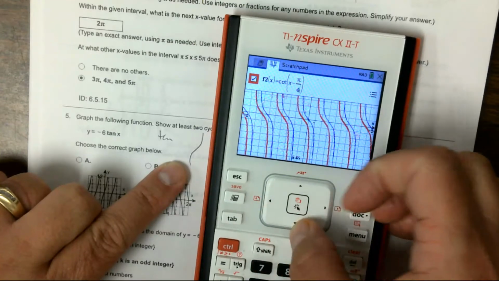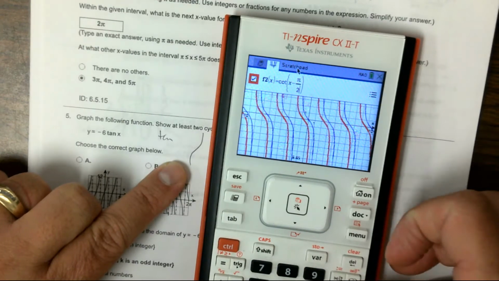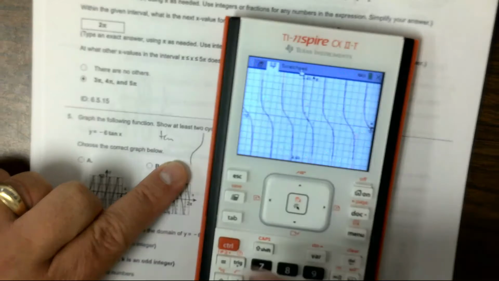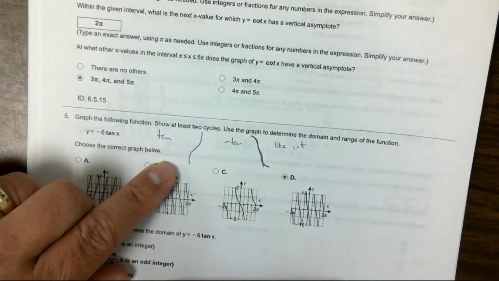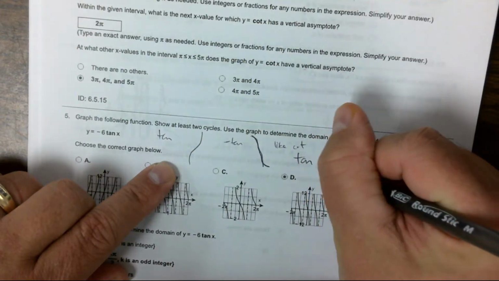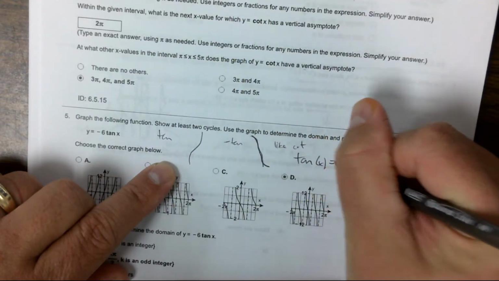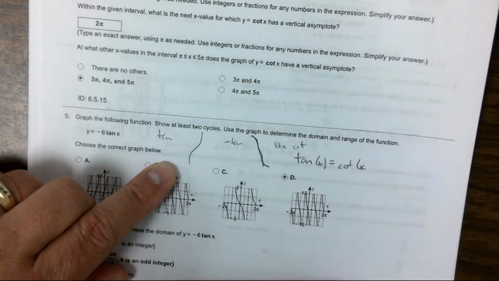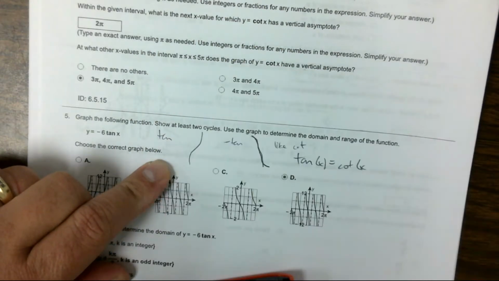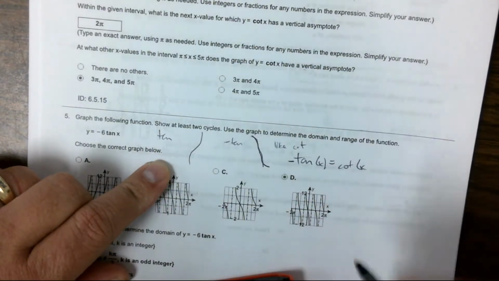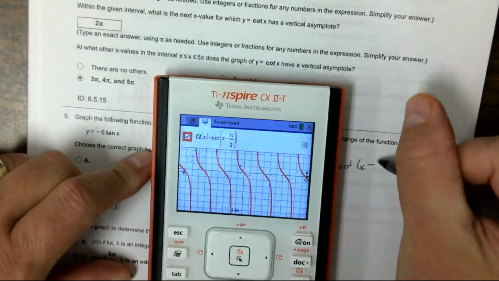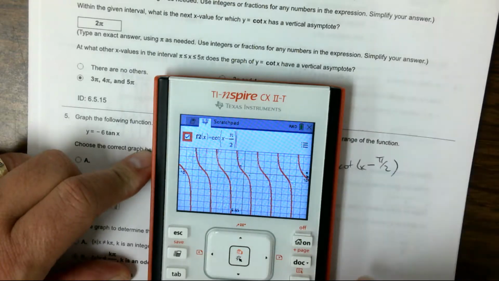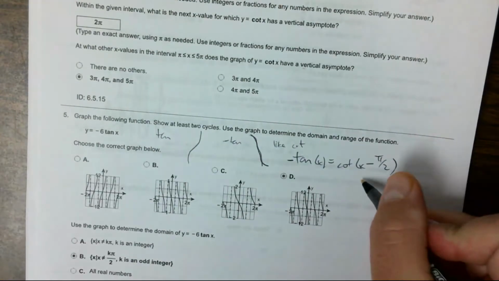How about pi halves? That worked. So you could say tan of x equal cotan of x. Actually, I should say negative tan x equal cotan x when it is minus pi halves. So write pi halves.